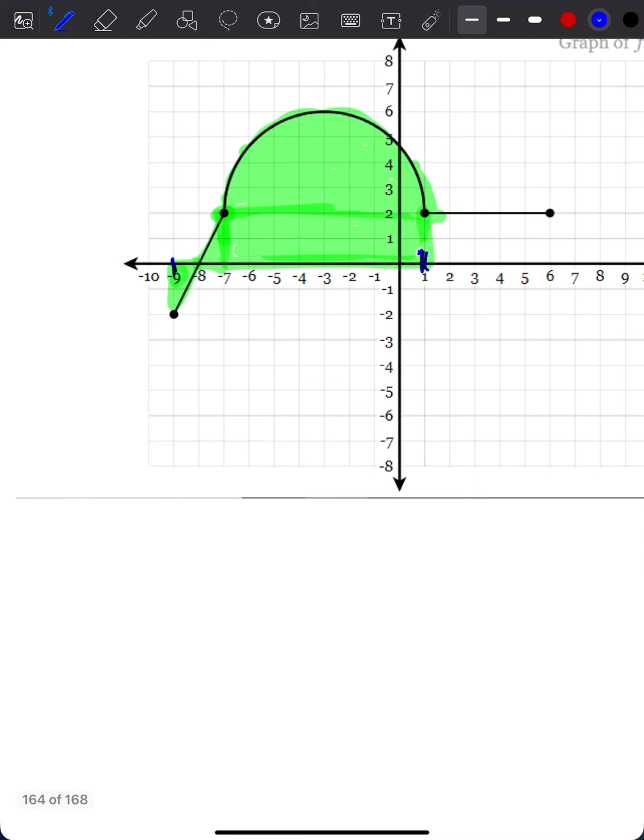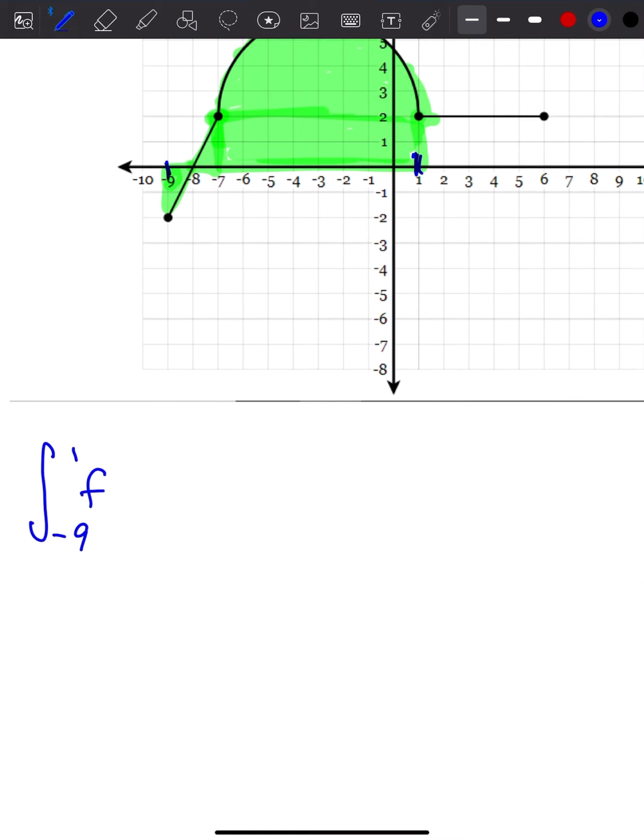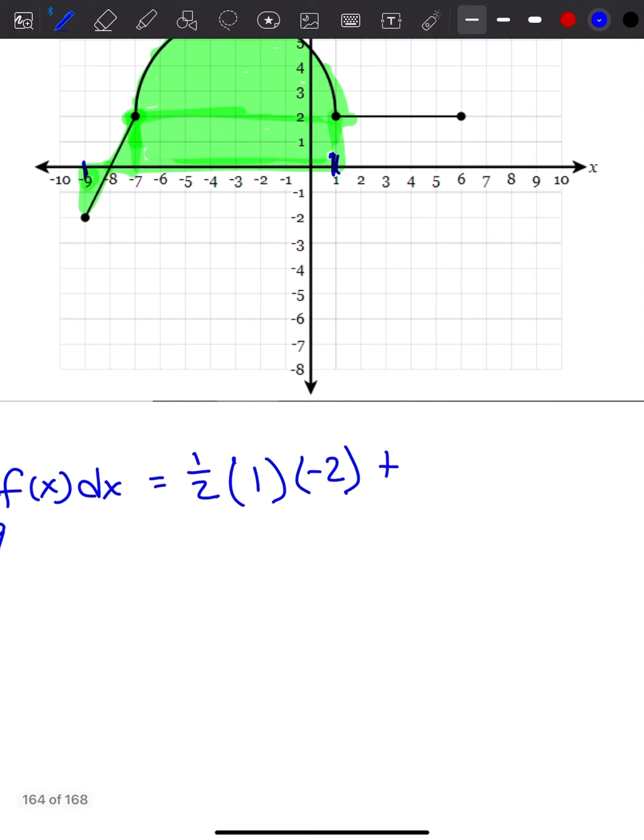So we have the integral from -9 to 1 of f of x. It's going to be equal to, so our first area here, we have 1/2 times our base, which is 1, times our height, which is going to be -2, plus our next piece here, we have 1/2 times our base of 1, our height of 2.